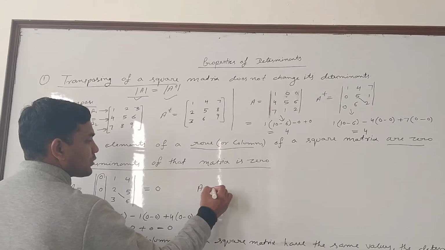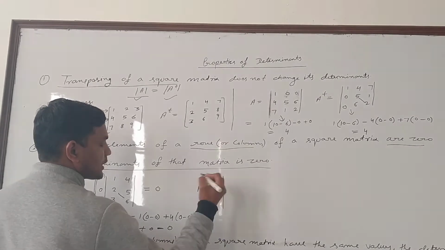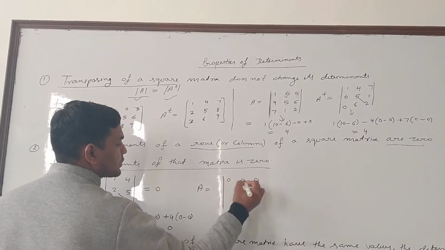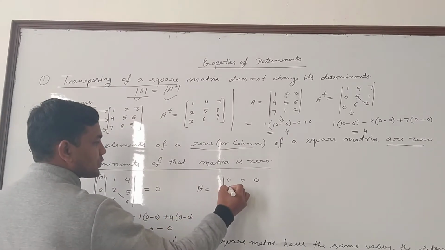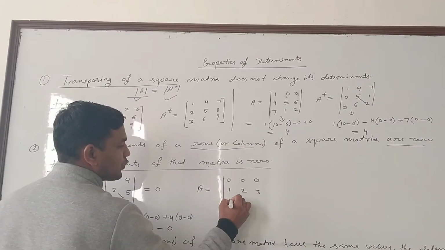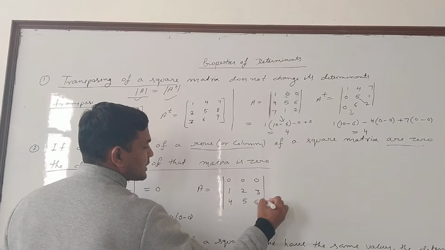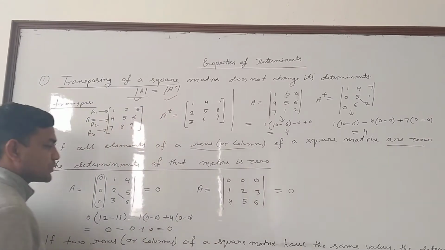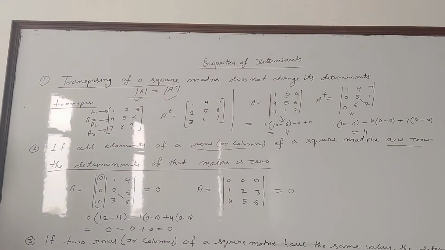Similarly, suppose that we have a determinant like this, 0, 0, 0, in which only one row is 0, and 1, 2, 3, 4, 5 and 6; the determinant of this is also equal to 0. This is the second property.